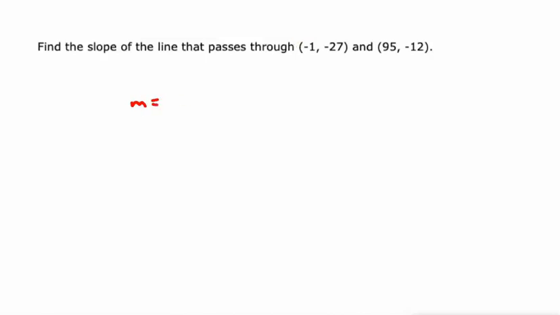One more on this. The slope of a line that runs through these 2 points. Negative 27 minus negative 12 over negative 1 minus 95.